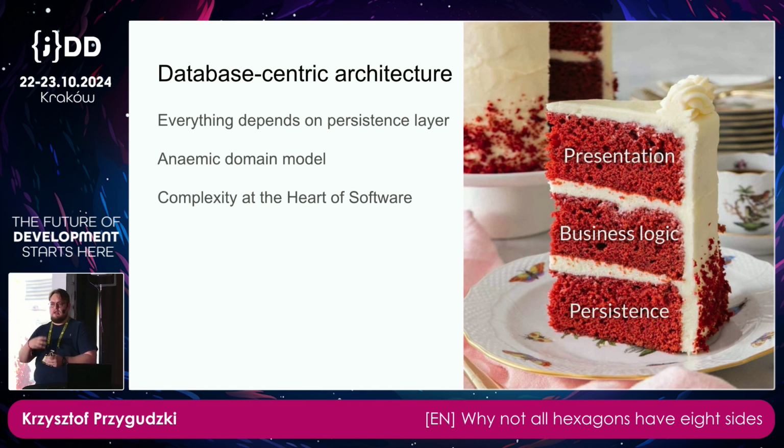So whenever we need to do some change, we first think, oh, what do I need to change in the database? And this is, I think, not the way we should think about our applications, right? Because the database representation, the database model, is not the most important thing about our applications. So everything depends on the persistence layer. Whenever we want to change something in that layer, everything else might be impacted as well.